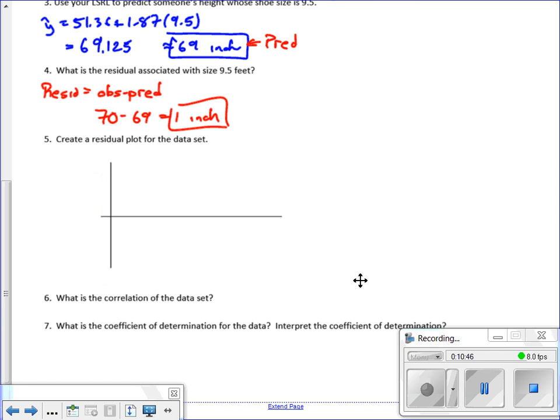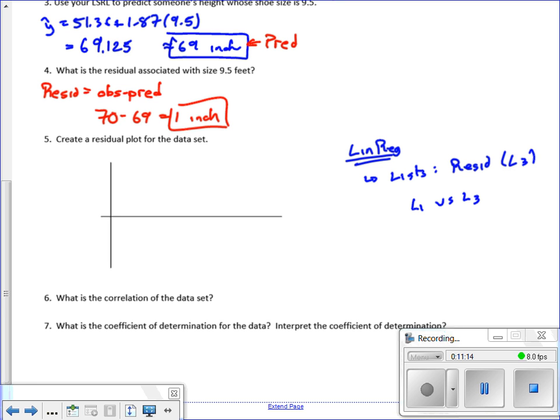The last couple things here, we'll take a look at the residual plot. If you've already run linear regression, once that's run, you'll see the residuals in your lists. So drop that into list 3, and then we're just going to plot list 1 versus list 3 and take a look at those residuals.